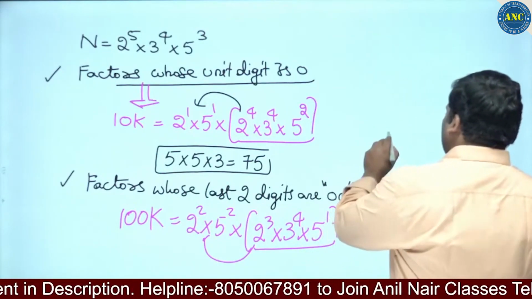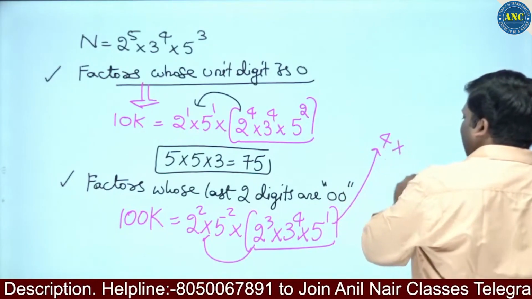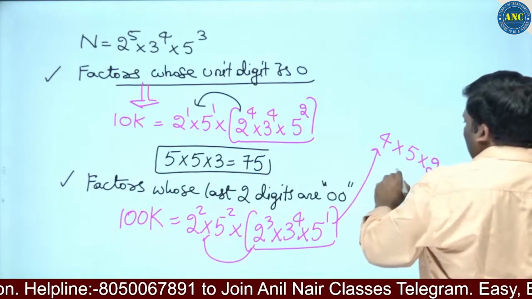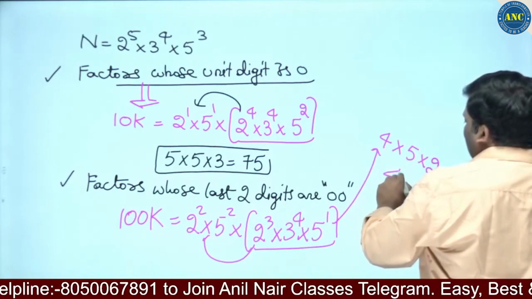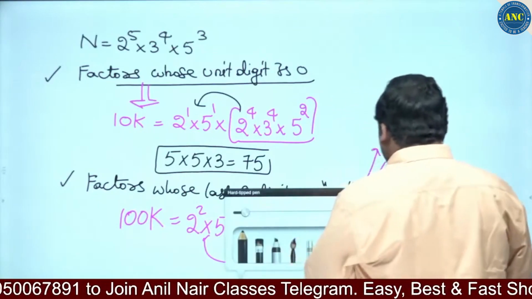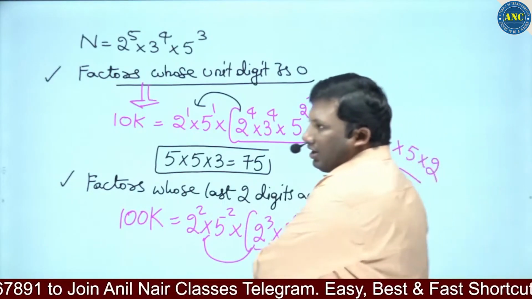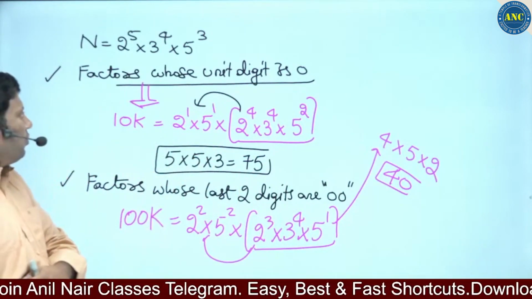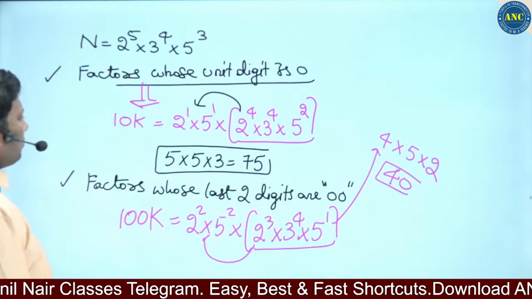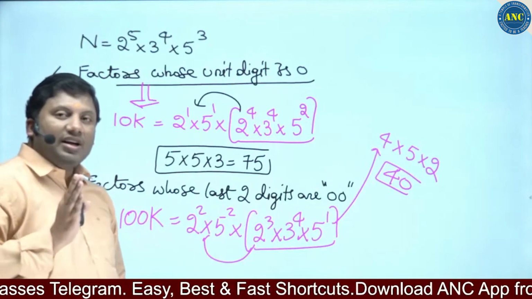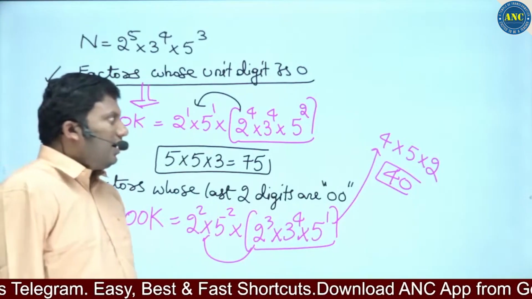So what will be the answer? 0 to 3, 4 cases, 0 to 4, 5 cases, 0 to 1, 2 cases. 4 into 5 into 2 is 40 factors whose last two digits are 0 0. I hope the idea is very clear.